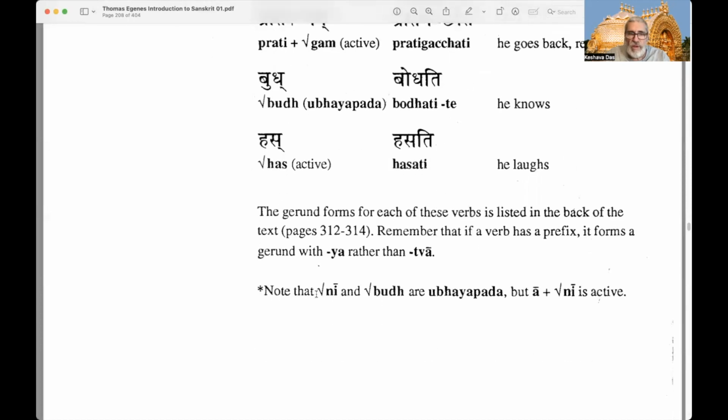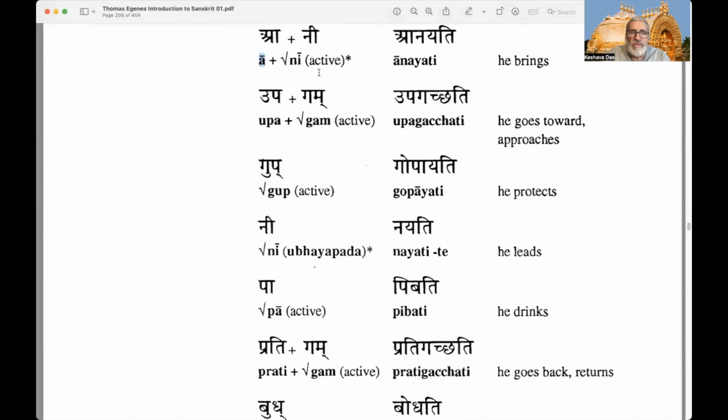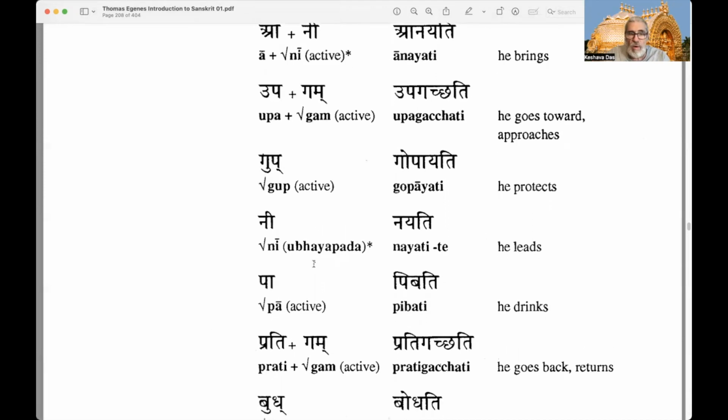Note that up here there were two asterisks: the verb ani, which means to bring, and the verb ni, which means to lead, both come from the same root, ni. When it means to bring, it has active or parasmaipada endings. When it means to lead, it can take active or middle endings, parasmaipada or atmanepada.